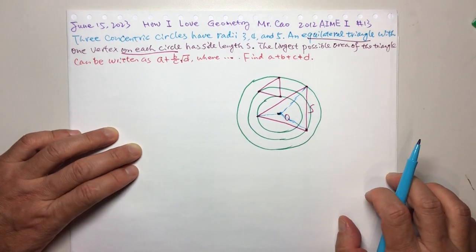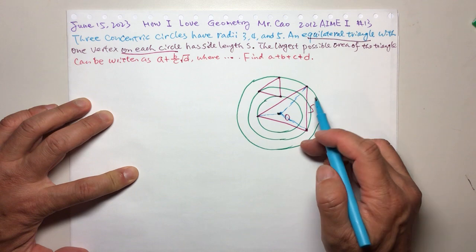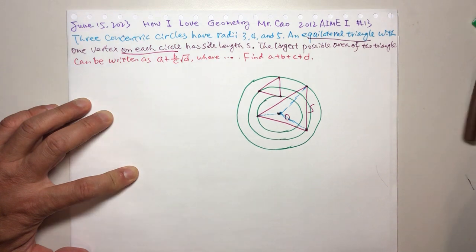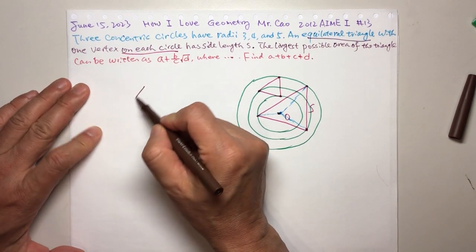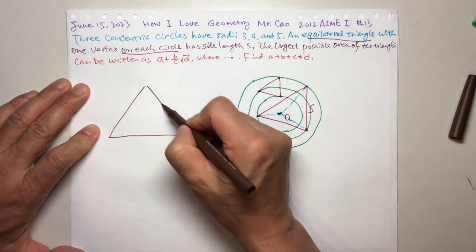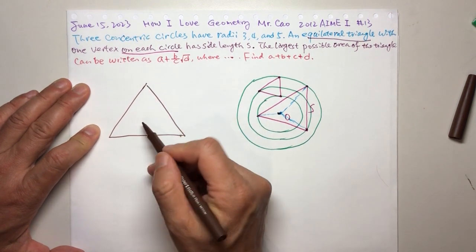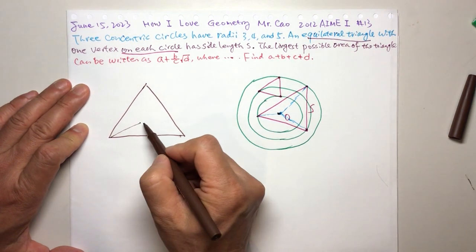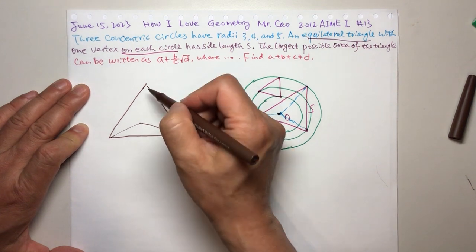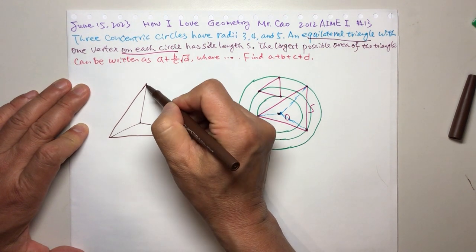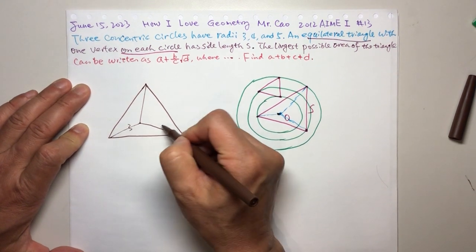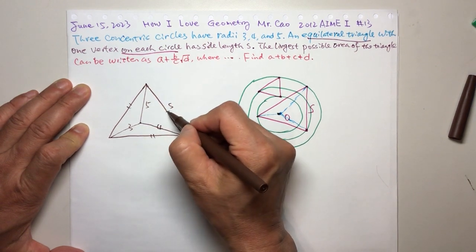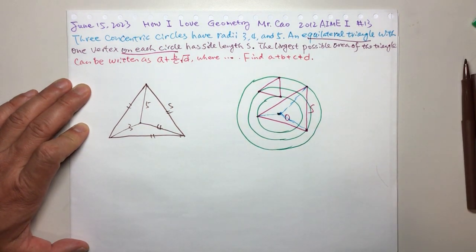So now the problem converts to an equilateral triangle with a point inside. Let me draw another graph, 3, 4, and 5, and each side is congruent.